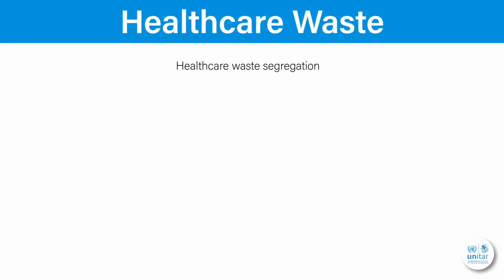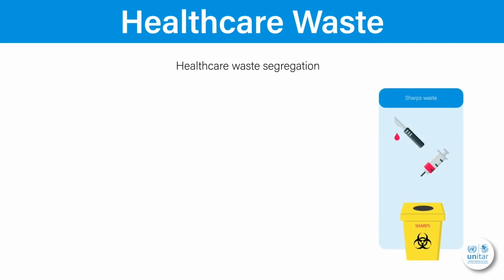The environmentally sound management of healthcare waste consists of several steps. First, the waste should be separated at source according to the level of infectiousness and hazard. According to the WHO recommendations, waste should be segregated as follows. Sharps waste such as needles, syringes, but also blades should be put in a yellow puncture-proof container, marked with sharps and with biohazard symbol.